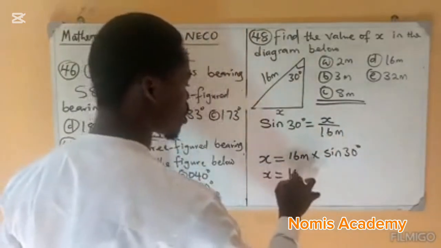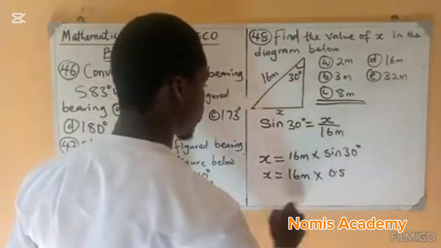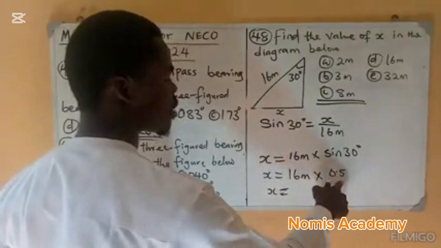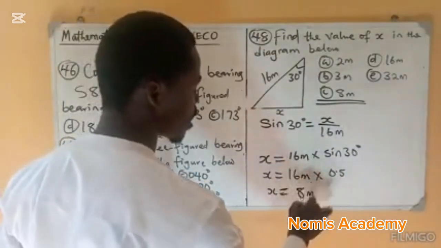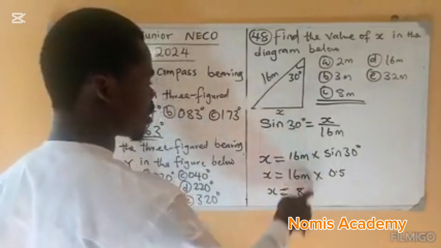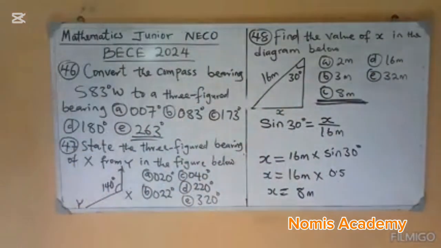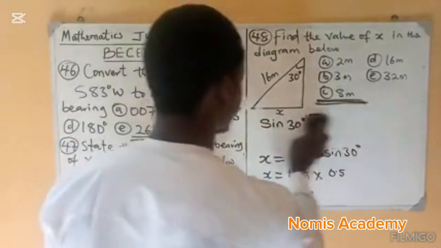Sine 30 degrees is 0.5. So 16 meters times 0.5 is 8 meters. So the value of x is 8 meters, which is option C. So option C is the correct answer. Okay, we move to the next question.